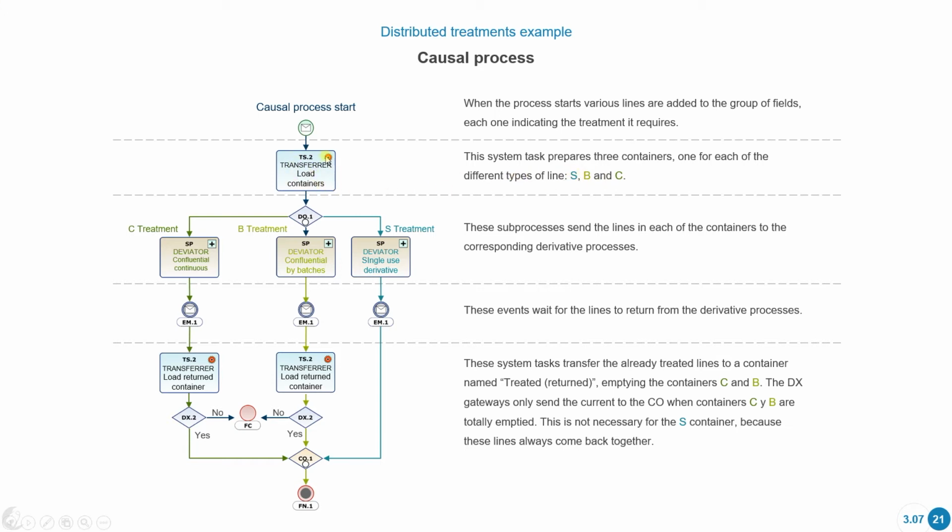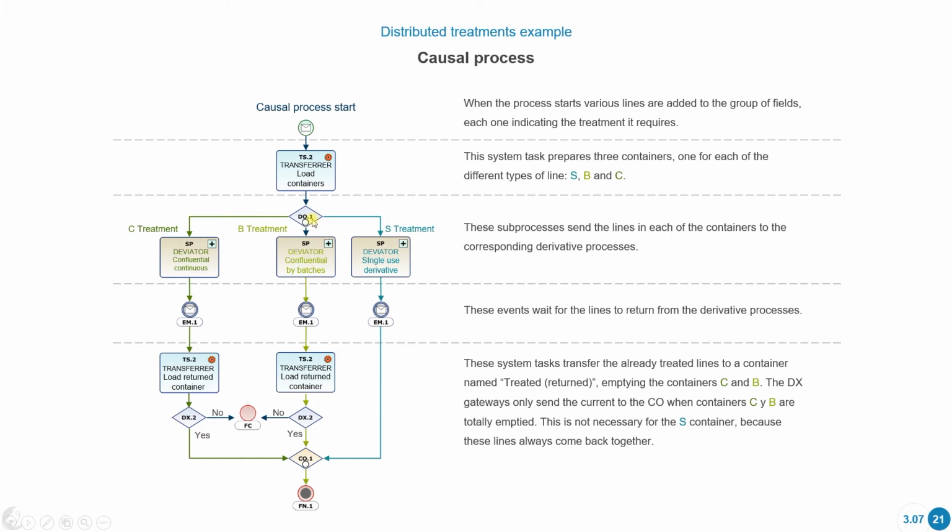Once I have them in three different containers, the flow is going to continue forward to this DO gateway, and this DO gateway is going to evaluate. Okay, first outlet: are there any lines in the container C? If the result is yes, then the flow would go through this outlet. The same thing happens with the lines that are in the container B and in the container S. Why are we using a DO?